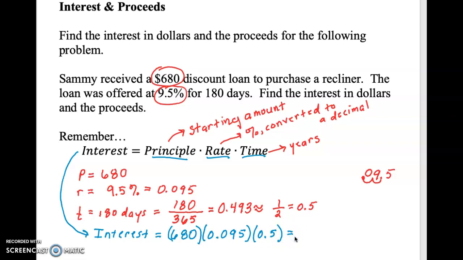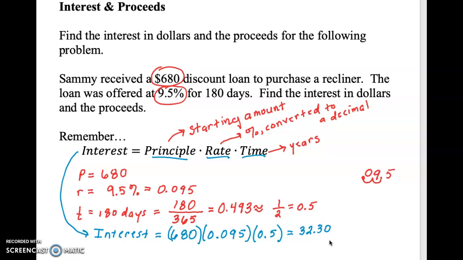So we're going to plug that into our calculator. 680 times 0.095 times 0.5, and we're going to get 32.3, or $32.30. So that is our interest amount.